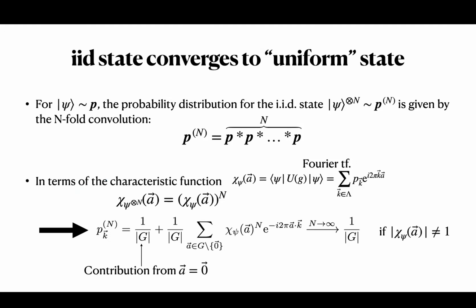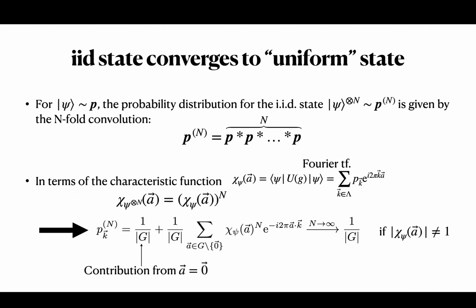And yeah, so let's consider IID states. For psi, the probability distribution for the n copies of psi is given by the n-fold convolution. In terms of the characteristic function, we can check that this characteristic function is a Fourier transform of the probability distribution.